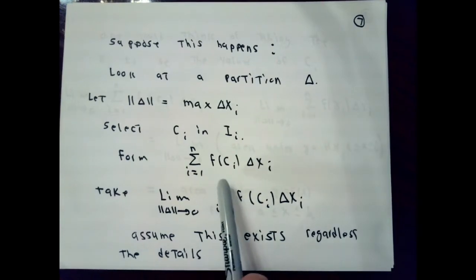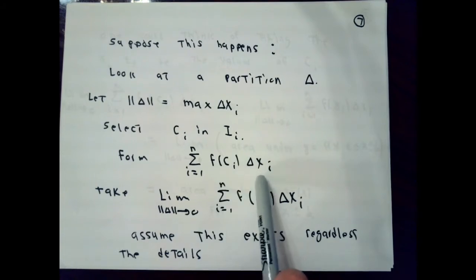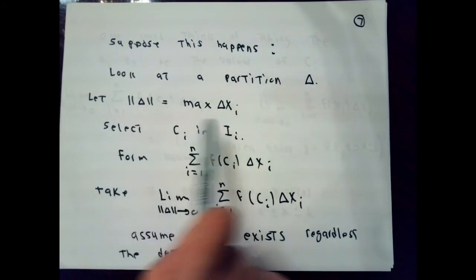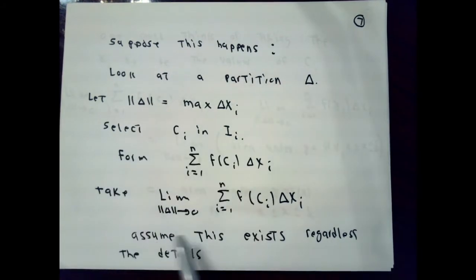Form the sum of the function values at the various ci's times their corresponding delta xi's, and then take the limit as the biggest length of a subinterval tends to 0. That is to say, as the individual subintervals shrink down to points.